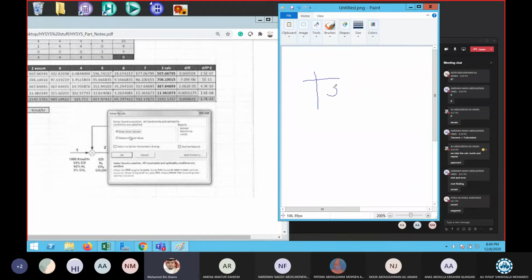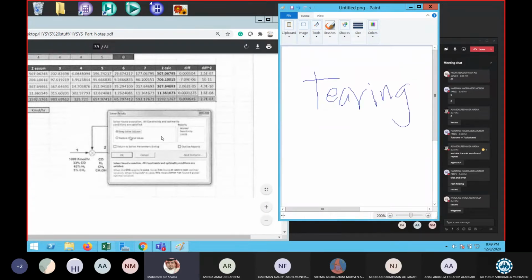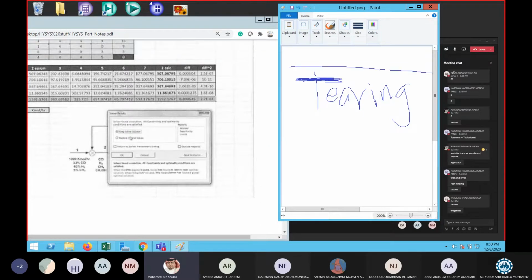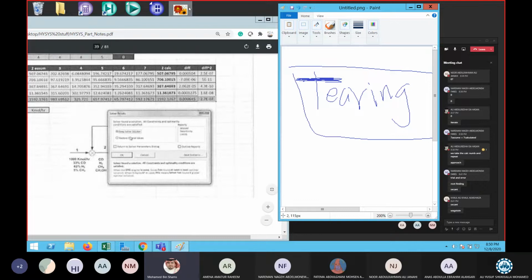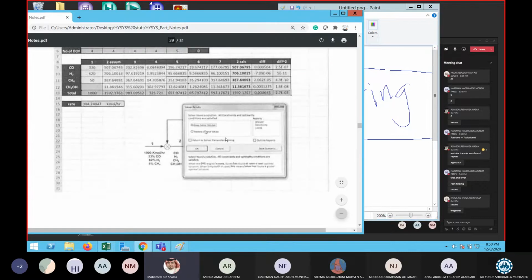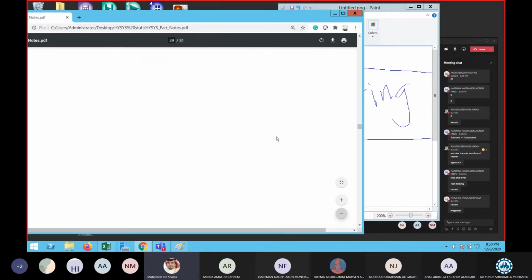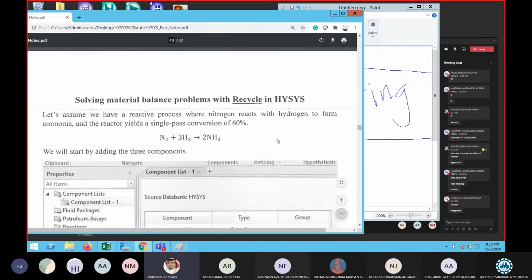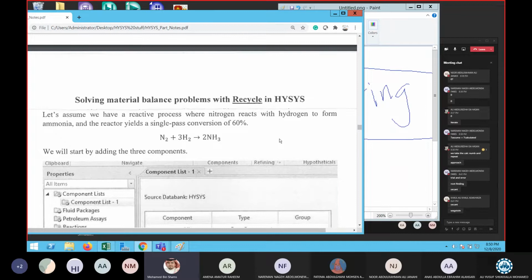Now we are going to see how HYSYS solves this for us. For HYSYS, we don't have to do all these details, but you will find it very useful in a minute. In a minute you will see how useful is what we have explained in understanding how the HYSYS recycle block works. Okay, let's solve this example, guys.